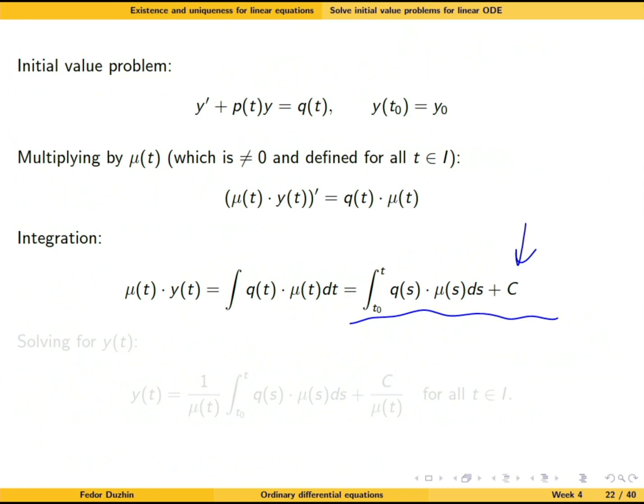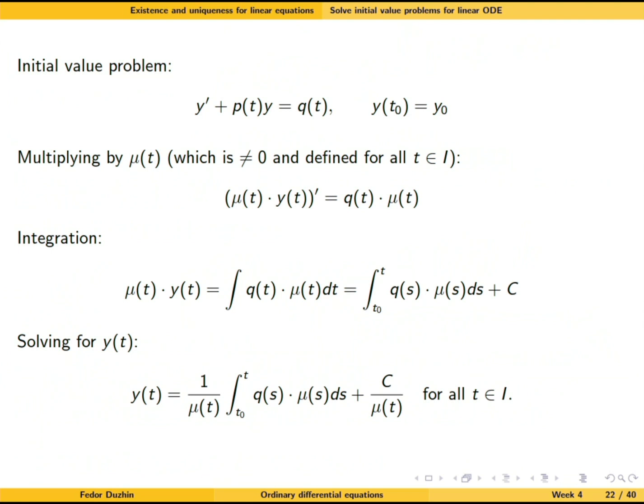The set of all possible antiderivatives is any specific antiderivative plus constant. But then we can solve for y of t. And so this is the general solution of the ODE.